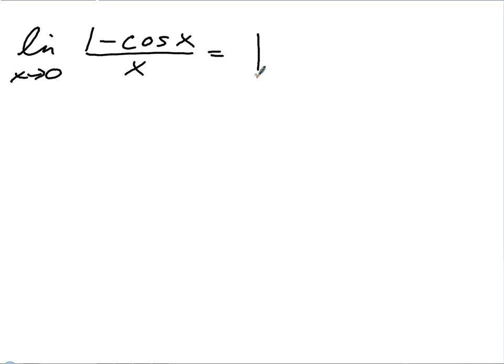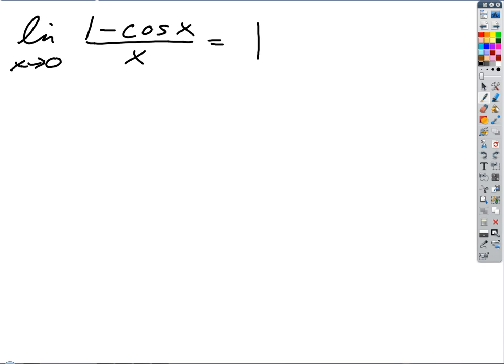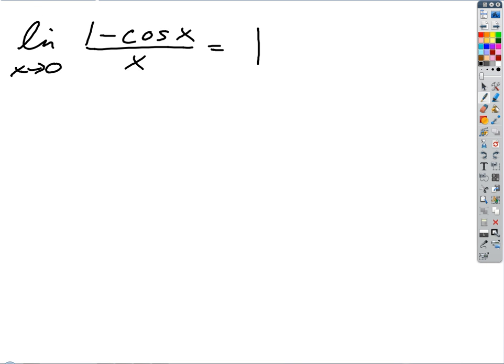I'll give you a hint: we're going to multiply this by 1 in some form. Another hint: remember the Pythagorean identity. What's this always equal to? Sine squared x plus cosine squared x is 1.